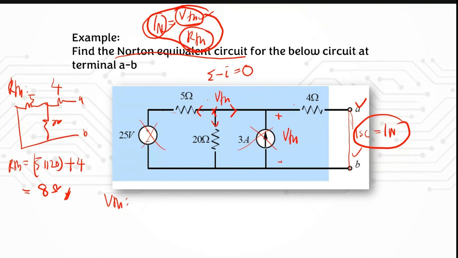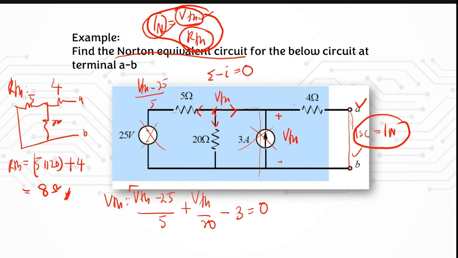The equation for this part is going to be (VTH minus 25) over 5, plus VTH over 20, and for this one, because it is opposite to the direction of this one, we put negative 3, equal to 0. Now you can get the value for VTH.